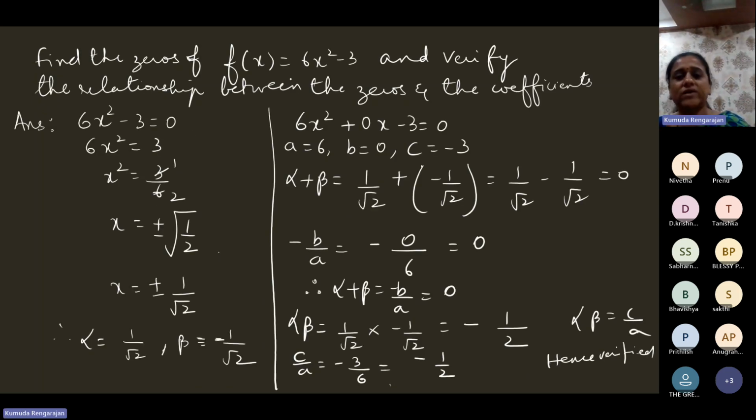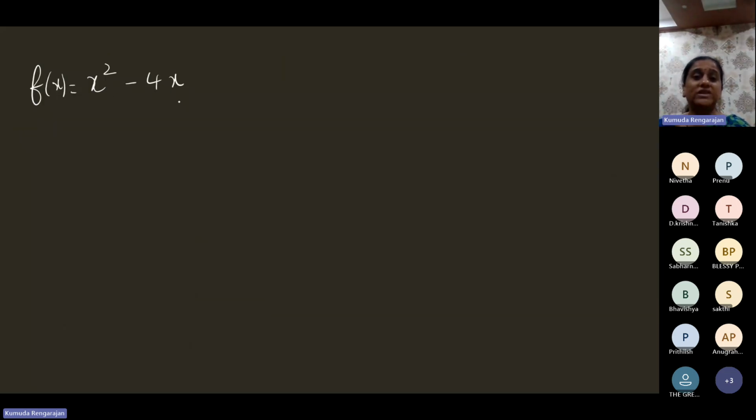In this question, we have the x square term and the x term. So in these cases, we cannot find the zeros by splitting the middle term. Splitting the middle term is only when we have all the three terms.